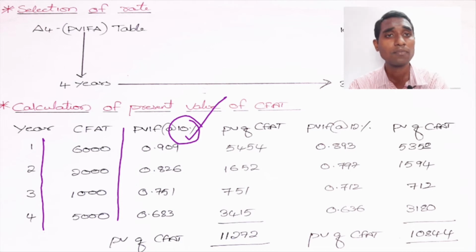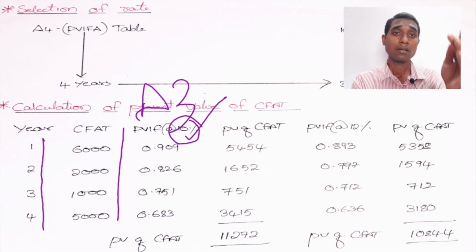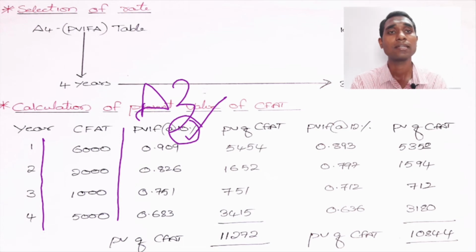Now be careful: while selecting the rate you need to use the A4 table, but while finding the present value of CFAT, you need to use the PVIF A3 table. So selection of rate uses the A4 table, PV of CFAT uses the A3 table. Now PV of CFAT I got is 11,272.